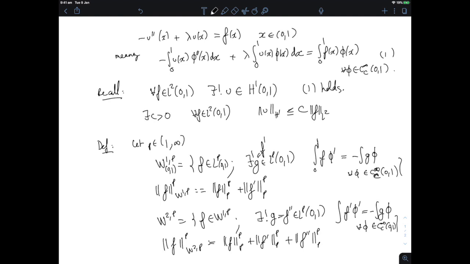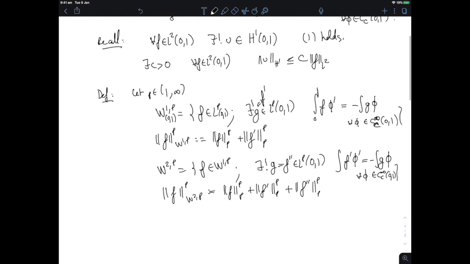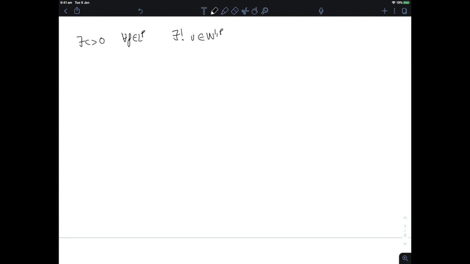Okay, so having defined these spaces, what is it that I want to show? I want to show that there exists a C such that for every f in LP, there exists a unique u in W2P such that the W2P norm of u is smaller than a constant times the LP norm of f, and the equation holds weakly.